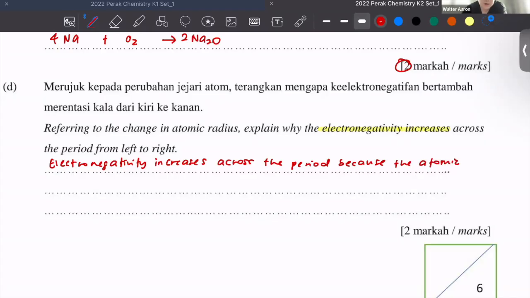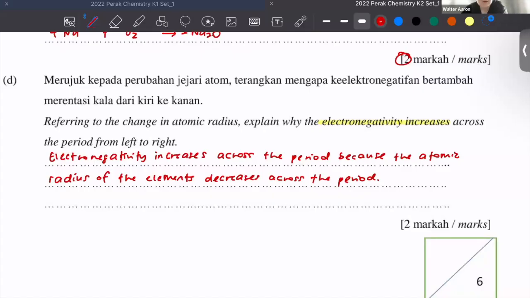Or the atomic radius also can. Okay, so that's the first part. And after I explained that the attractive forces between the nucleus and the electrons increases.